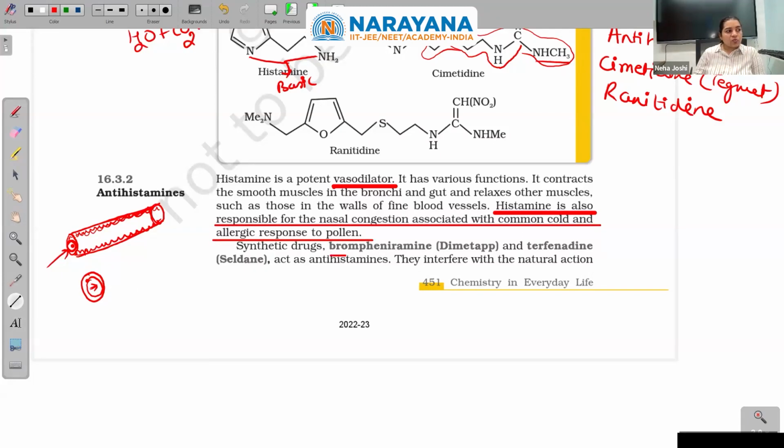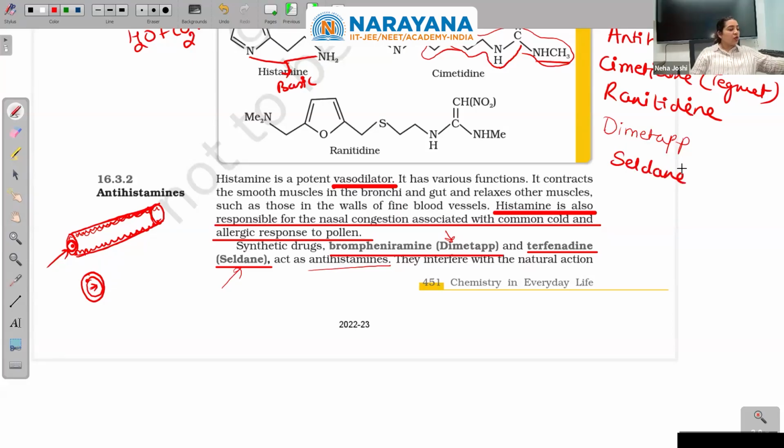Synthetic drugs such as brompheniramine, which is Dimetapp, and terfenadine, Seldane, act as antihistamines. If you could remember these words, Seldane and Dimetapp, they are more common. So more to add to the antihistamine list are Dimetapp and Seldane.